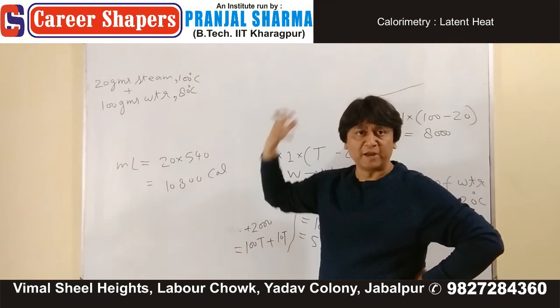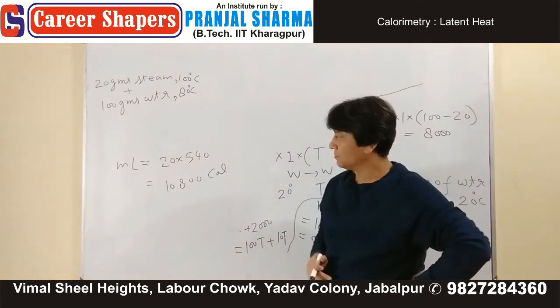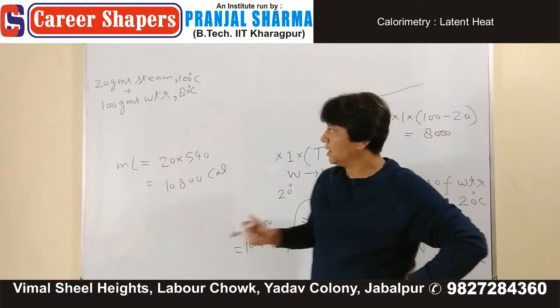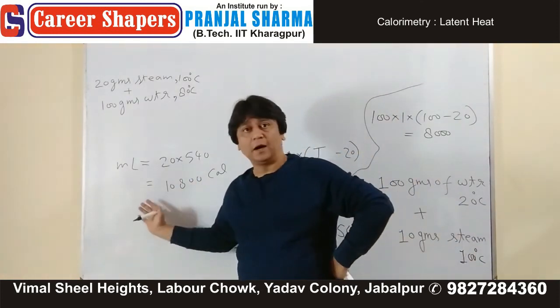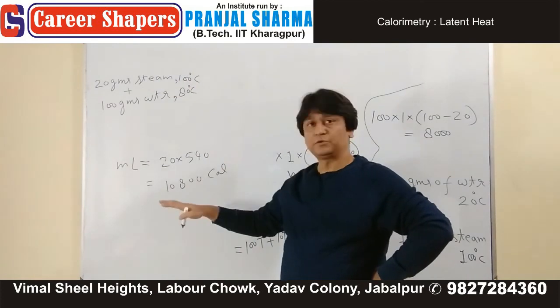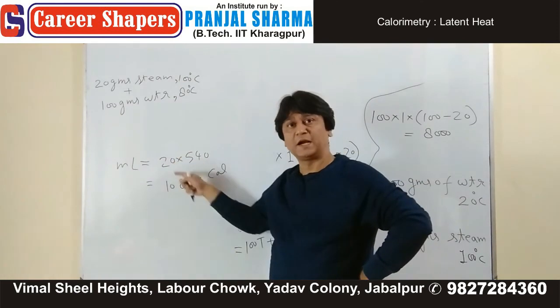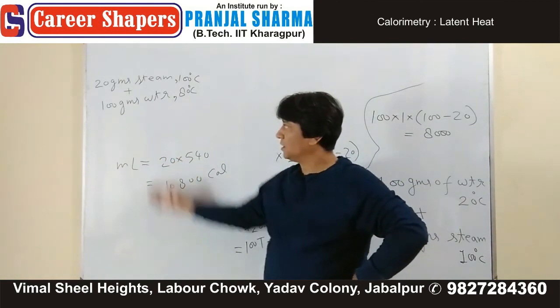अगर पूरी की पूरी स्टीम कंडेंस भी हो जाती तो इतनी हीट चाहिए थी, इतनी बाहर आती. This is available. If only steam changes from 100 degrees Celsius to water at 100, इतना मिल जाता.